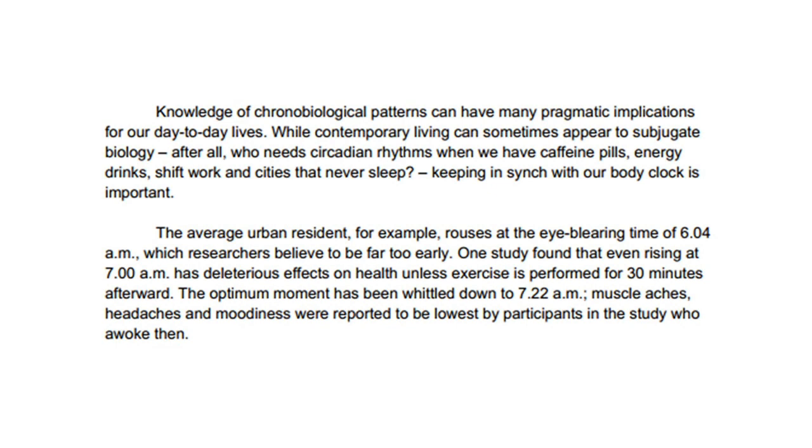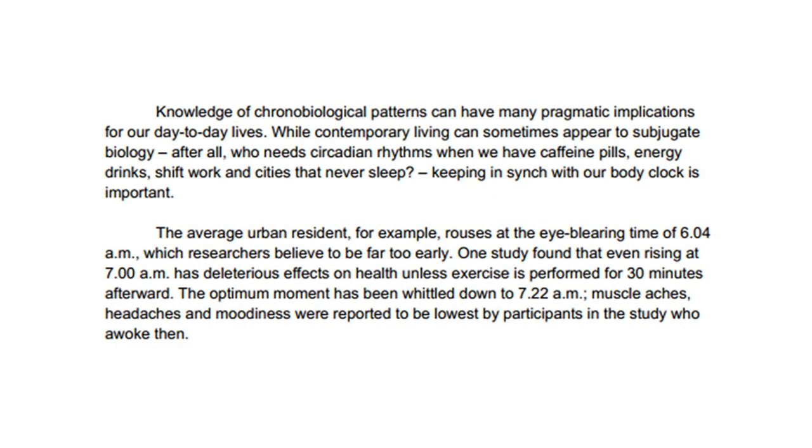The average urban resident, for example, rises at the eye-blearing time of 6:04 a.m., which researchers believe to be far too early. One study found that even rising at 7 a.m. has deleterious effects on health unless exercise is performed for 30 minutes afterward.